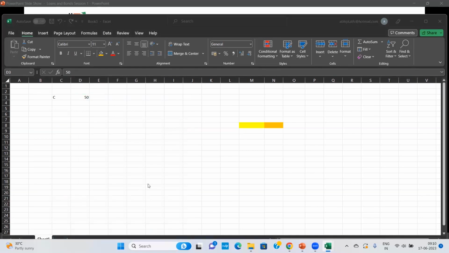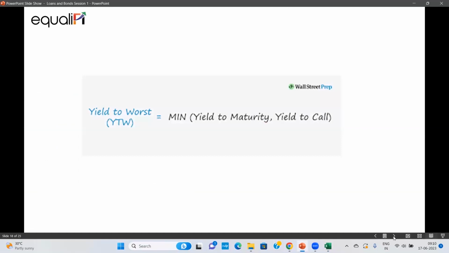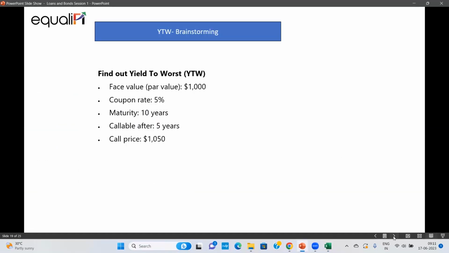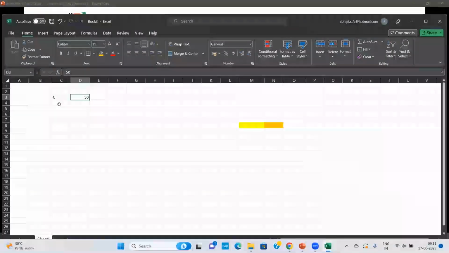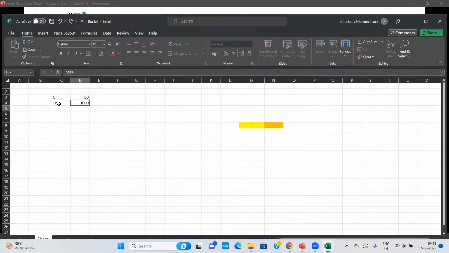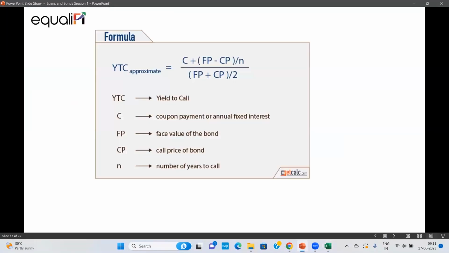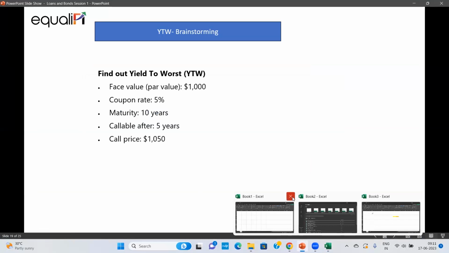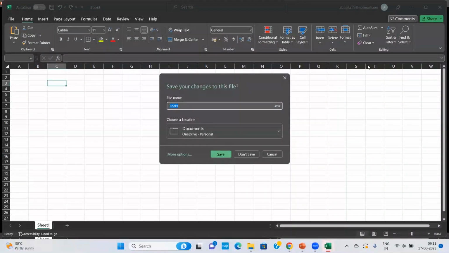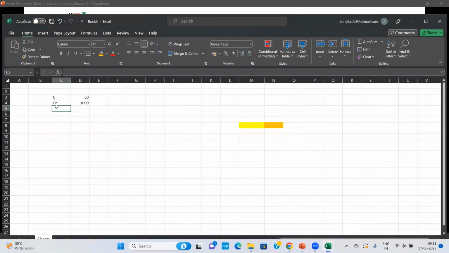Face value is 1000, so FP is 1000. Now CP is the call price of the bond. Call price is 1050. CP is 1050, right?